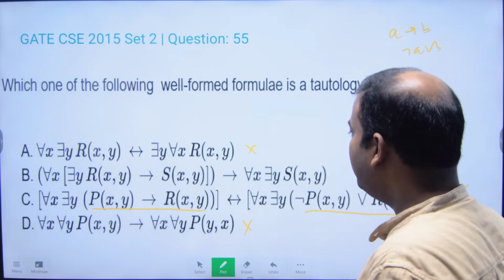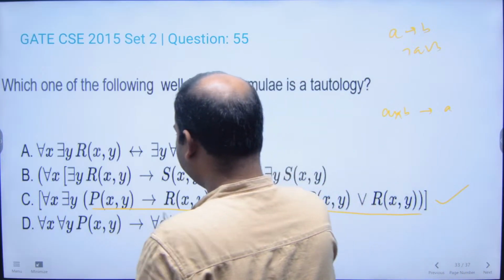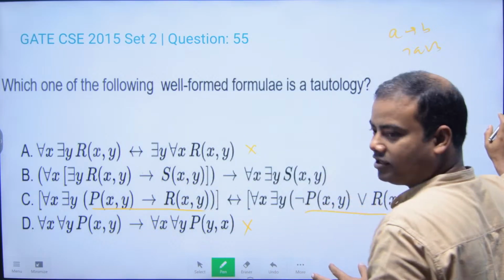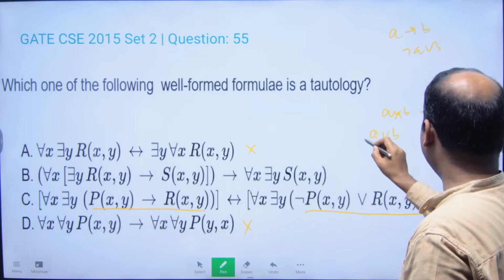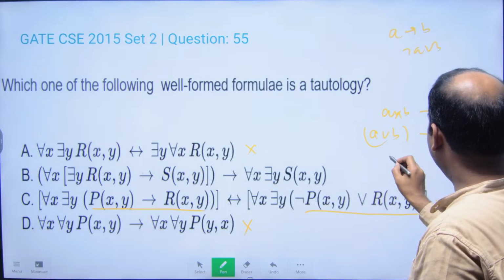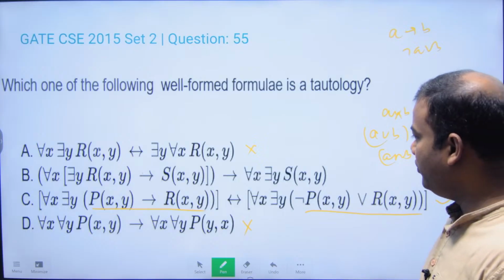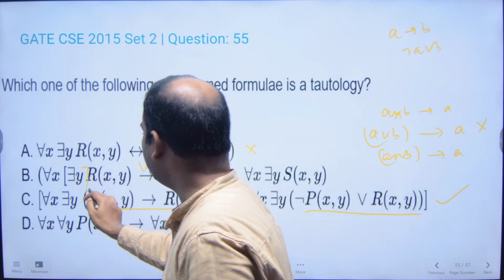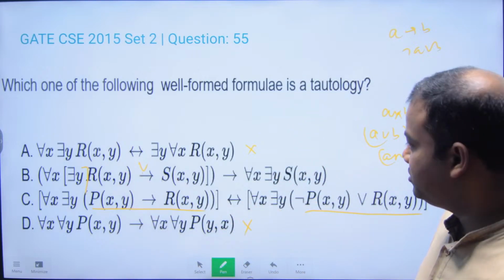Yeah, you are right. But here actually there is an or, so with or you cannot conclude this. A or B, you cannot conclude this one. This is wrong. With A and B you can conclude this. So whenever this, it means not of this or this, you cannot conclude like this, because here it is or.